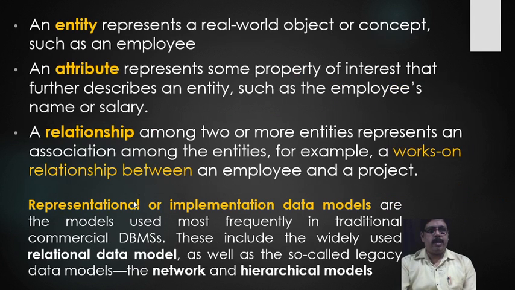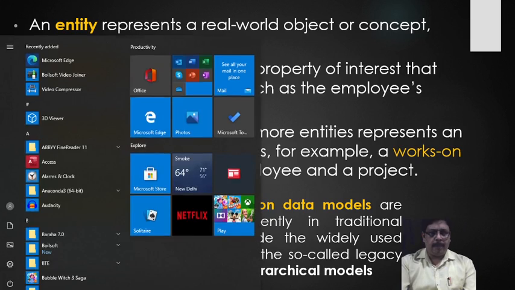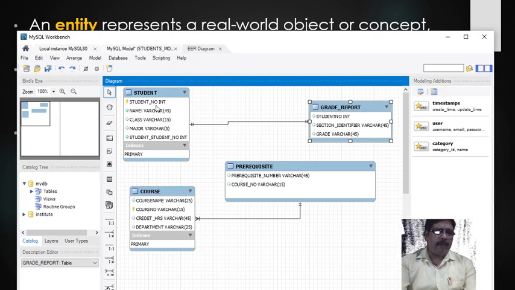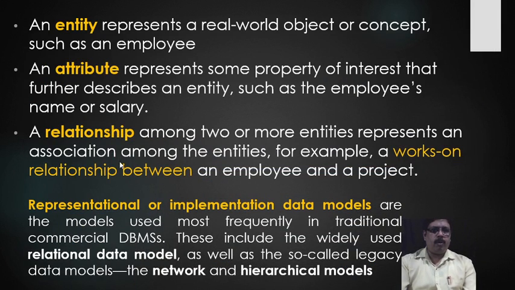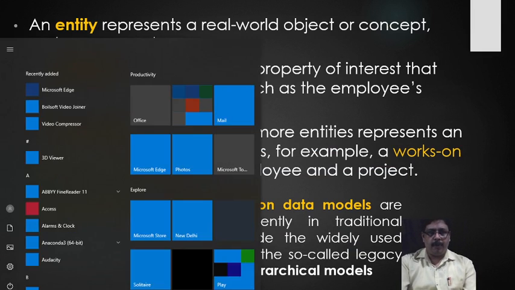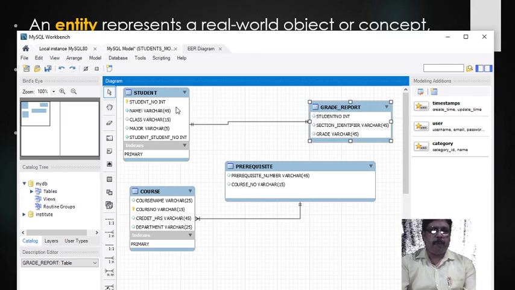And we have also discussed about entity. Entity is a real life existing thing. That is student or course. These are all entities. Attributes are the properties such as here student number, name. These are all here what we have defined. These are all relationships. For example, here if you consider there is a relationship between course and prerequisite.